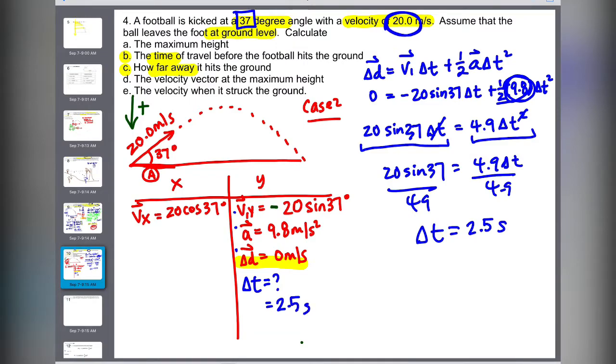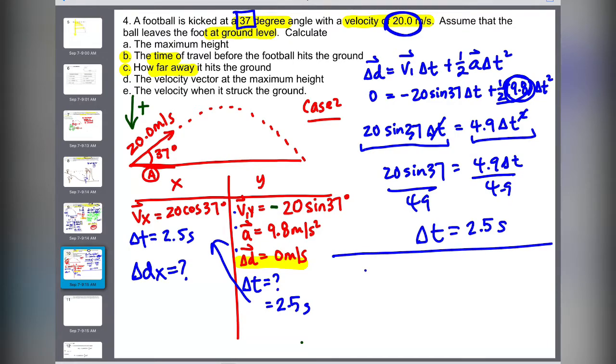So I know that the time it takes along y is 2.5 seconds, and I remember for projectile motion, it's one motion going forward while going up and down, so the time along x is also 2.5. Okay, and now I'm going to figure out how far, so I'm just figuring out delta dx.